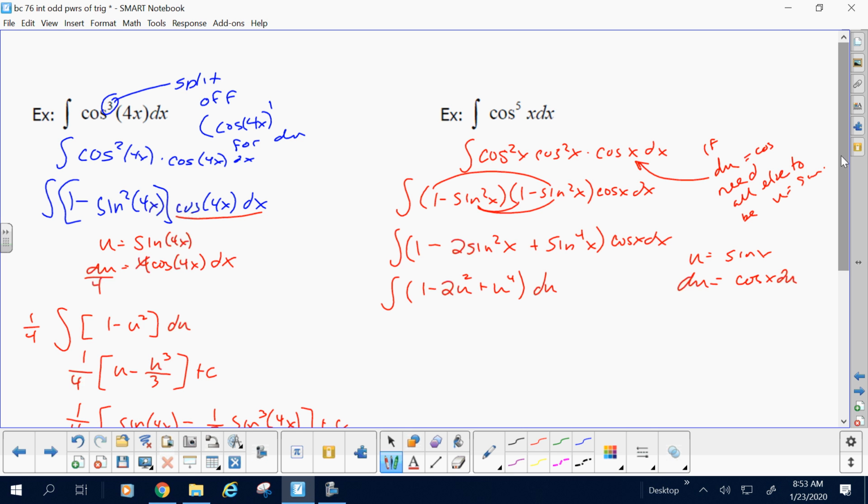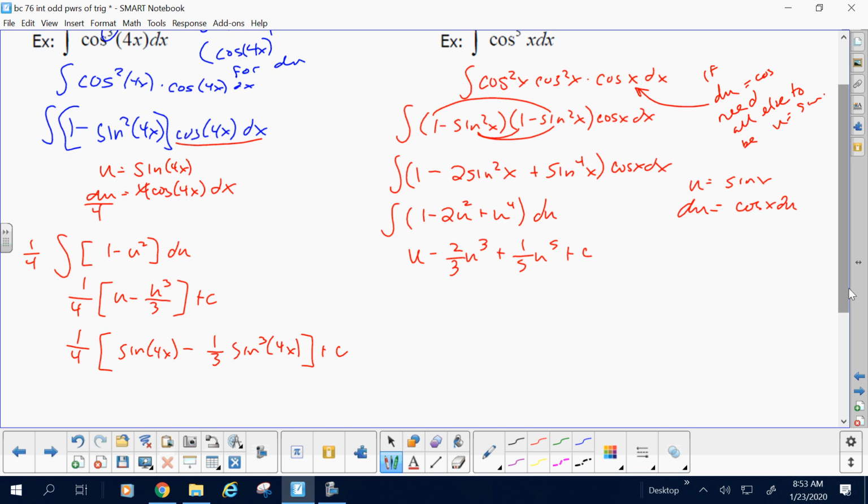Yeah? Antiderivative? U minus 2/3 u cubed plus 1/5 u to the 5th plus c, and sub back and we're done. U is sine of x, minus 2/3 sine cubed of x plus 1/5 sine to the 5th of x.